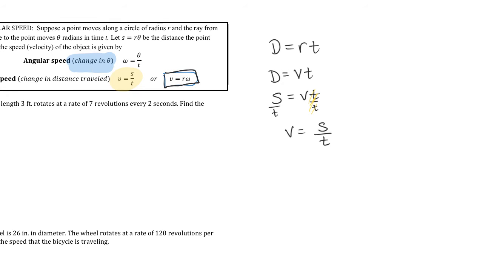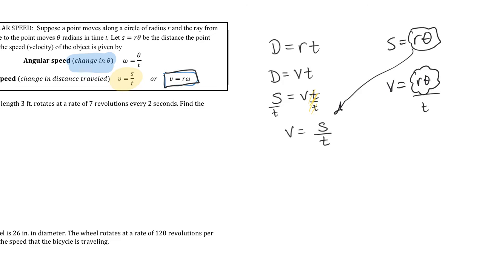So if we have s equal to r theta, arc length is equal to the radius times the angle, then we plug that into our velocity. Instead of s, we replace that with r theta all over t. And then, what's theta over t?